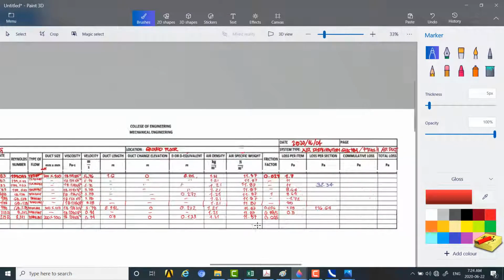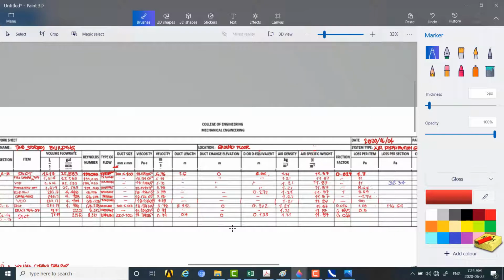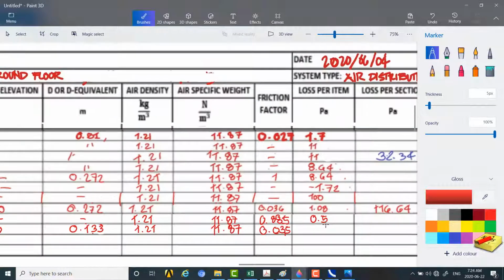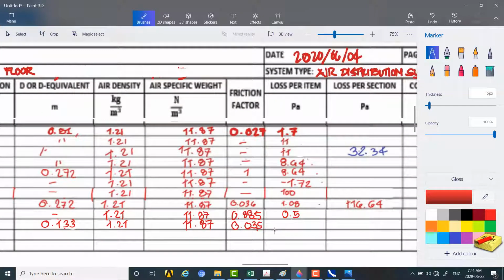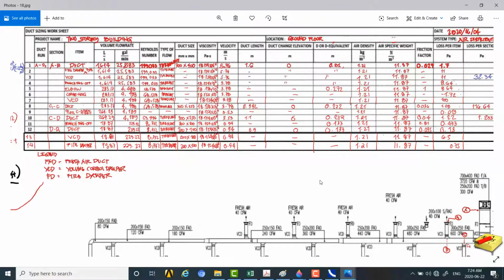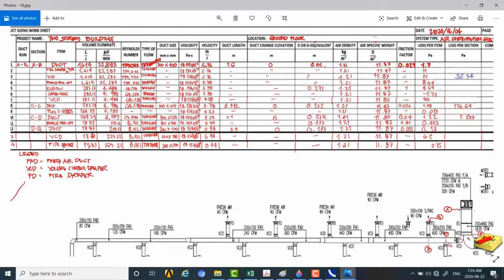Then computing that one, we have the same length, same volume flow rate, same turbulence, same friction factor, so we can assume this is also the same, or you can compute that one directly, or we can import that one because they have the same volume or discharge as earlier.